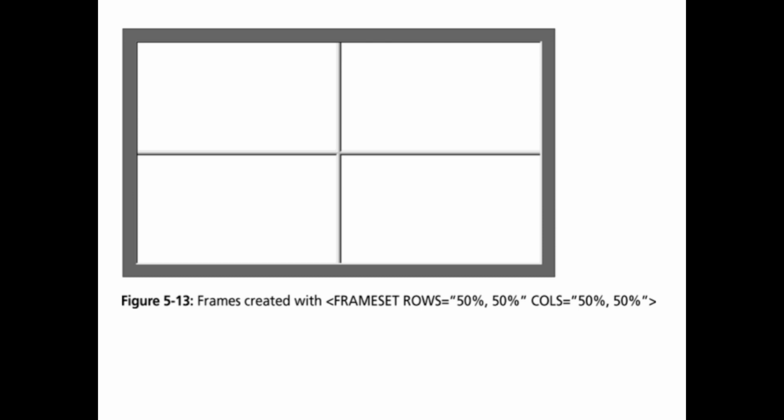Then this is the example for frames created with both rows and columns. The row sizes are 50% and 50%, so the frame is divided into two parts in a horizontal way. Then the column values are 50% and 50%, so again the frame is divided into two parts in a vertical way.